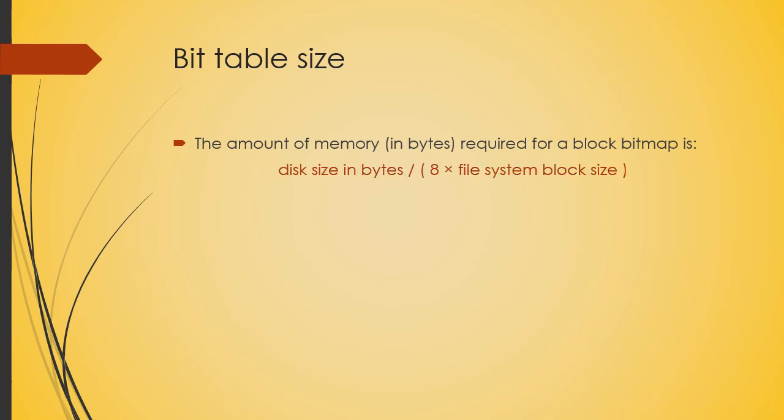Bit table size. The amount of memory in bytes required for a block bit map or a bit table is disk size in bytes divided by 8 times the file system block size. For a 16 GB disk with 512 byte blocks, the bit table occupies 4 megabytes.